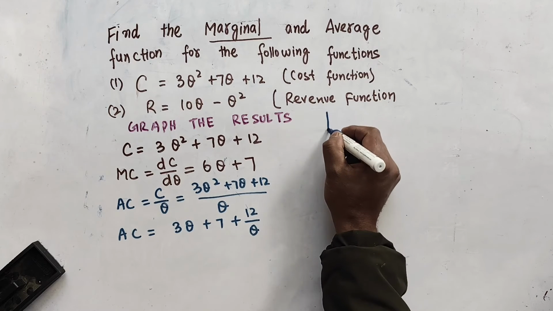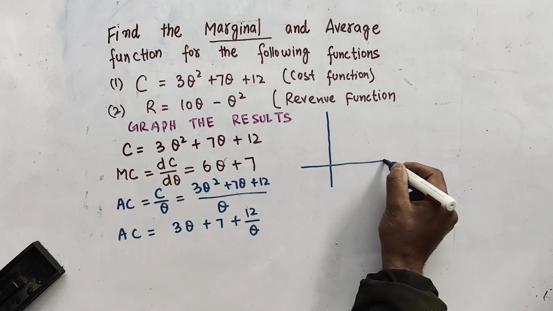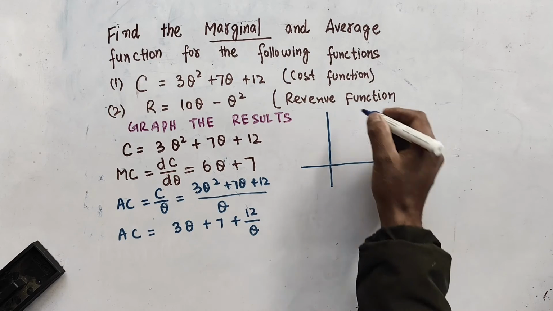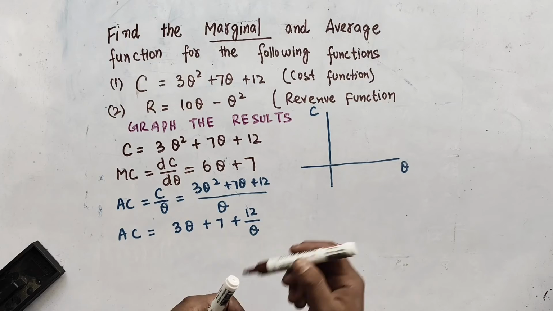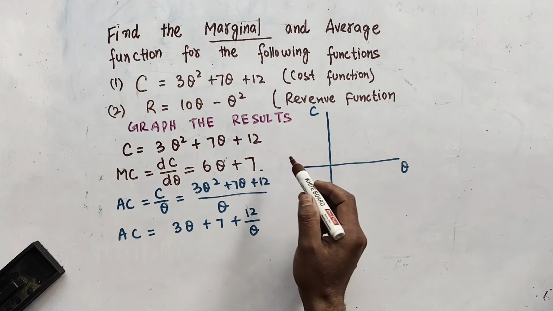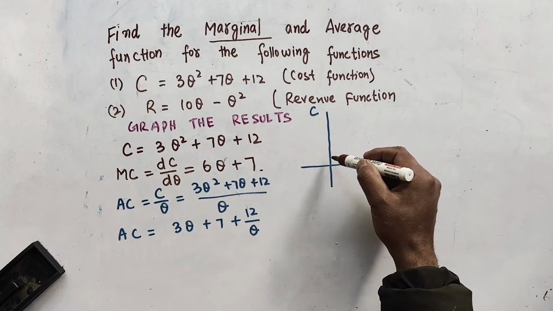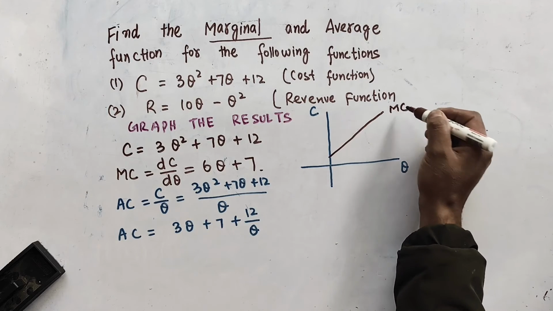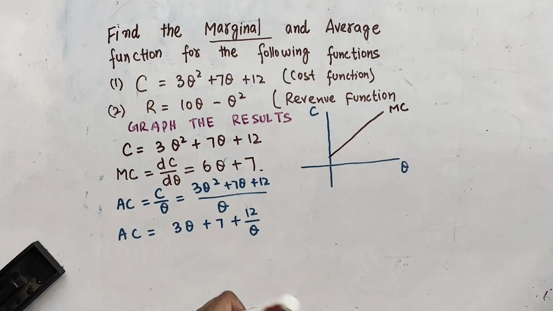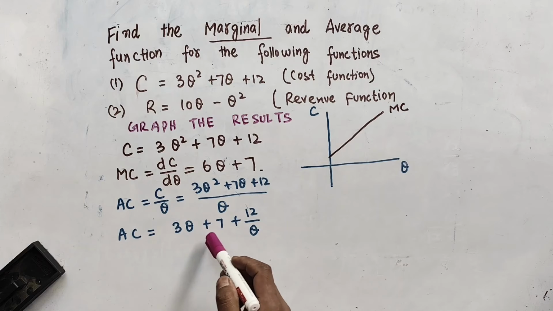Now if I draw the graph, it looks like this. We have the output on the horizontal axis, cost function on the vertical axis. So marginal cost, as you know, its intercept is 7 and it is sloping upwards. This will be our marginal cost function. And then we have this average cost function, 3q plus 7 plus 12 upon q.